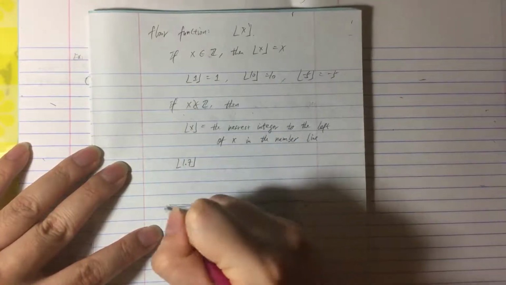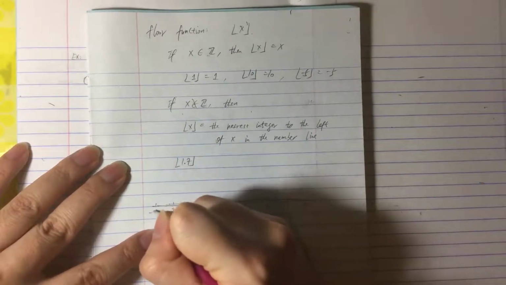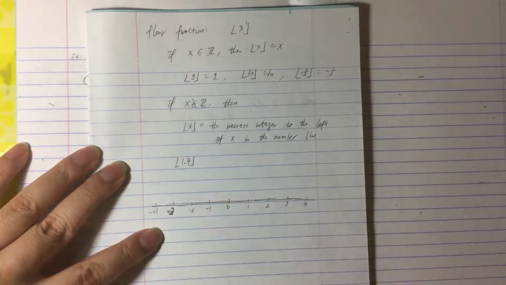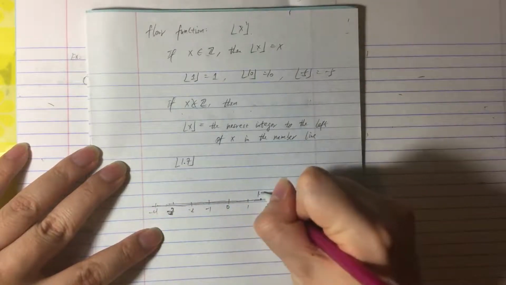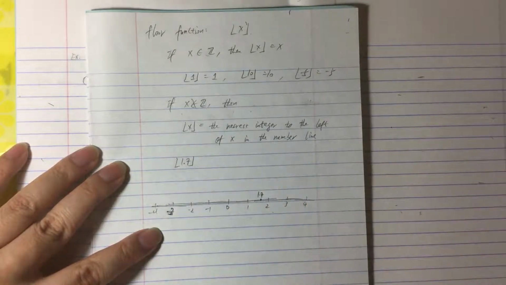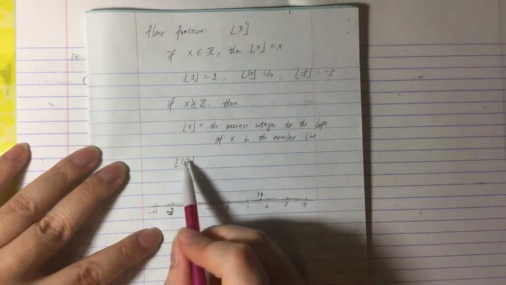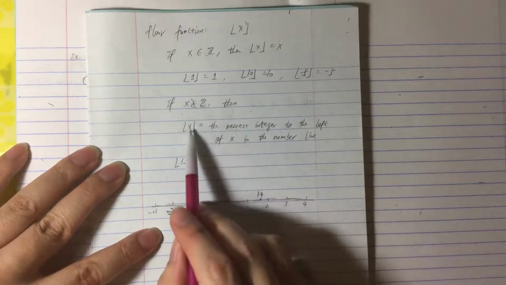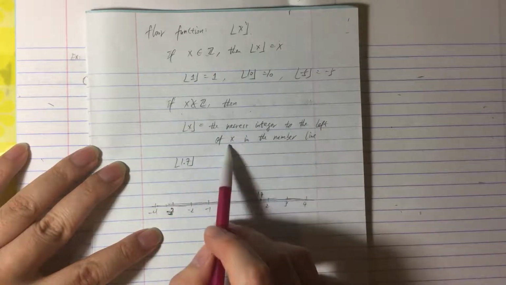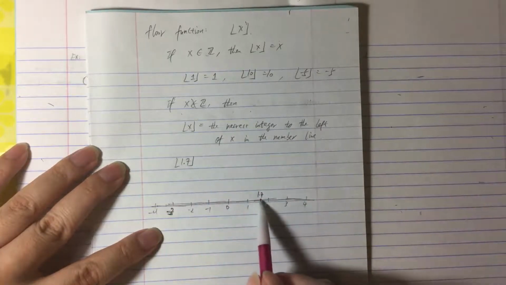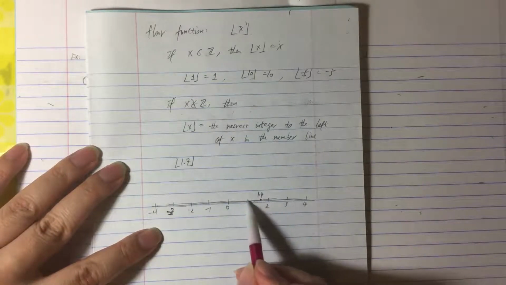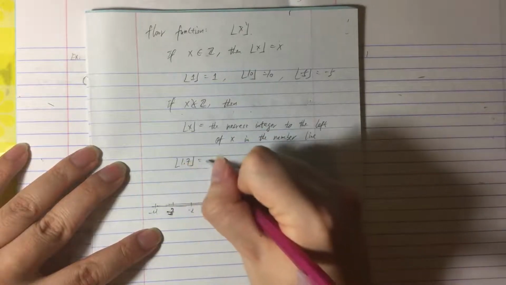Negative 1, negative 2, negative 3, negative 4. 1.7 is here. 1.7 is not an integer, so use this rule. The floor function of 1.7 is the nearest integer to the left, which is 1. So the floor function of 1.7 is 1.